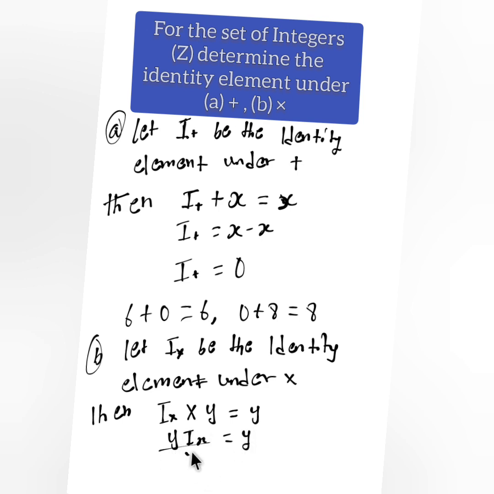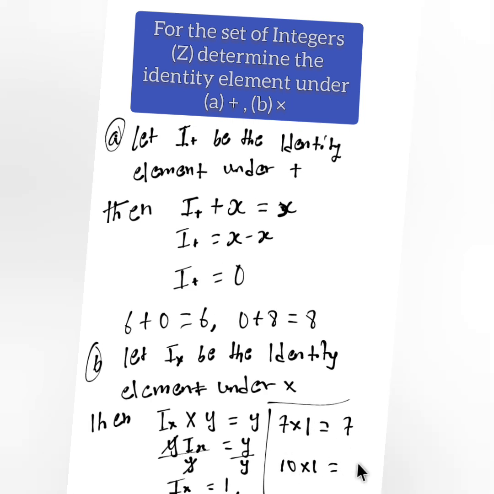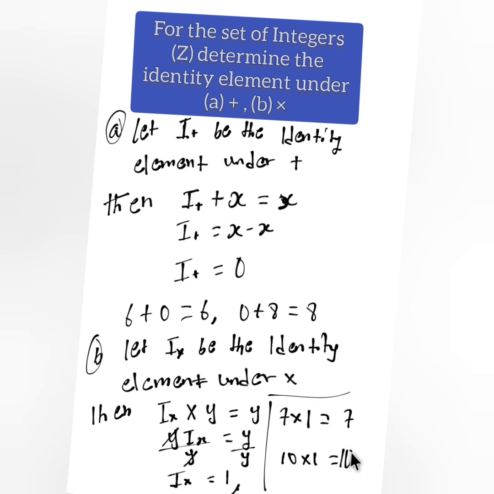And when we divide both sides by y, cancel y over here, the identity element under multiplication is equal to 1 because y divided by y is 1. Now, is it not true that 1 is indeed the identity element under multiplication? For example, 7 times 1 is 7. 10 times 1 is 10. So we have back the value. It is the identity element.